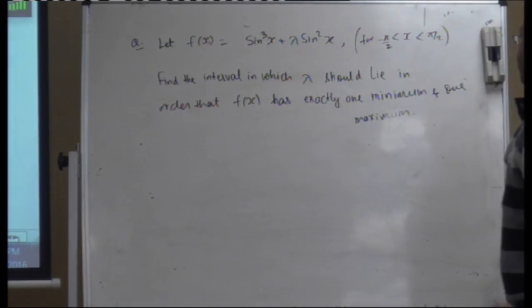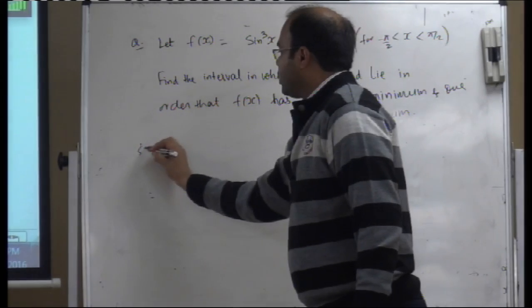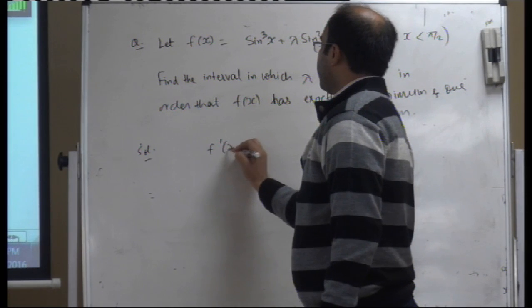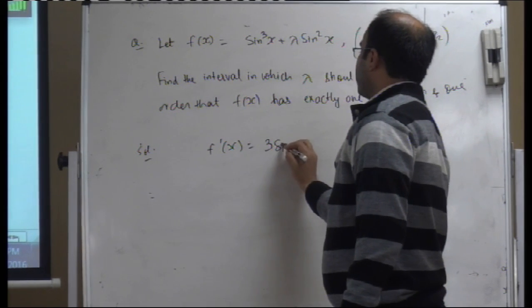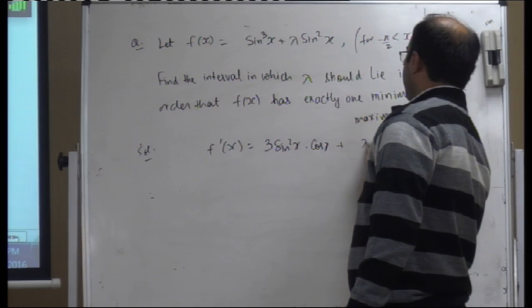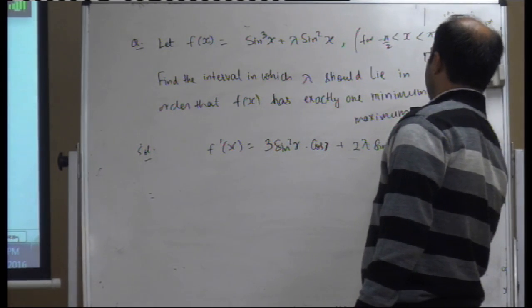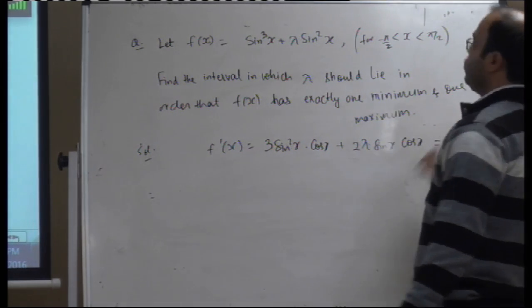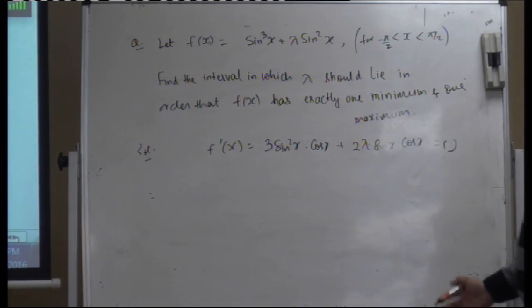So when we differentiate this function, we get 3 sin square x into cos x plus lambda times 2 sin x into cos x, and we equate it to 0. Now this trigonometry part we solve like this.